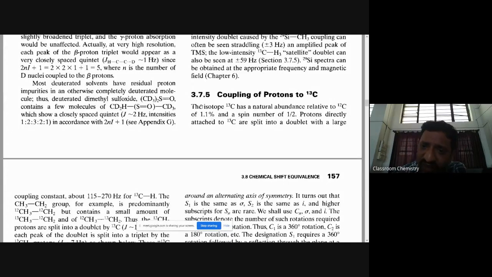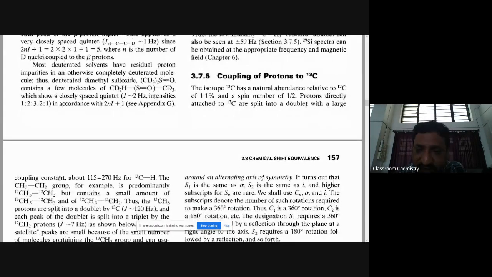Okay. And its spin number is 1/2. So you know that 1/2 is like a proton spin quantum number. So protons directly attached to the C13 are split into doublet with large coupling constant.